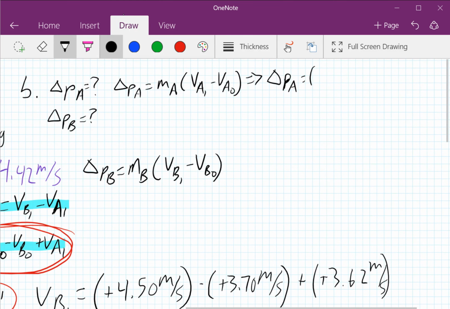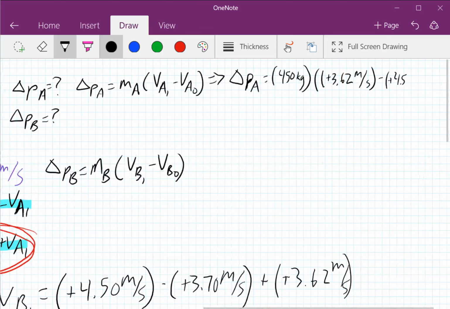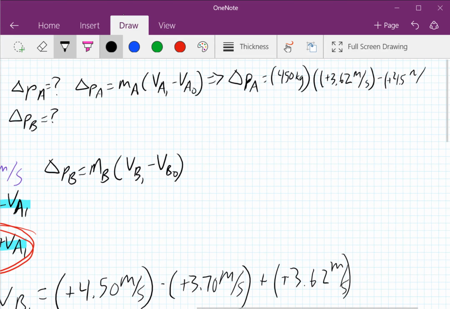We can go ahead and have the values inserted. So we'd have 450 kilograms times 3.62 meters per second minus a positive 4.5 meters per second.